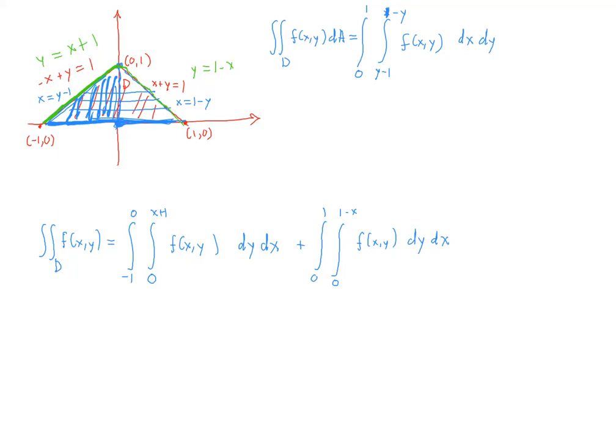And again, the reason that we have to do that is because the upper boundary is not given by just a single expression. I mean, one could try to find a single expression, but it would be much, much more complicated and not helpful for the problem. And that's why the natural thing is to break it into two integrals.